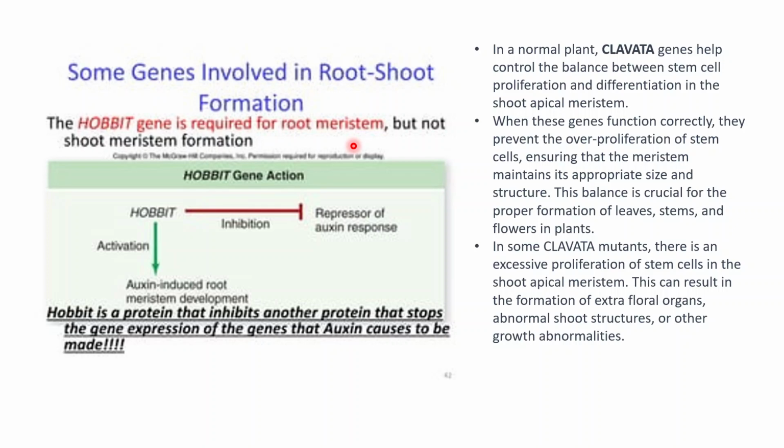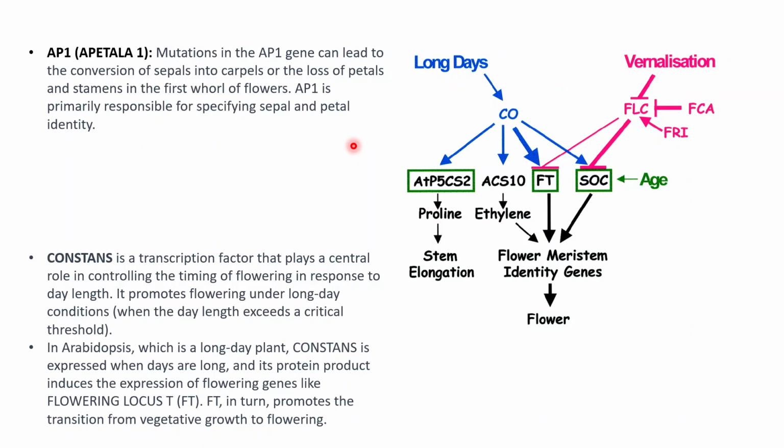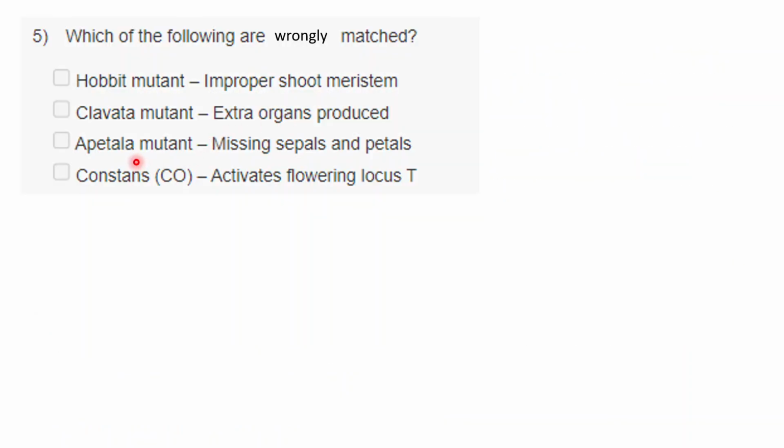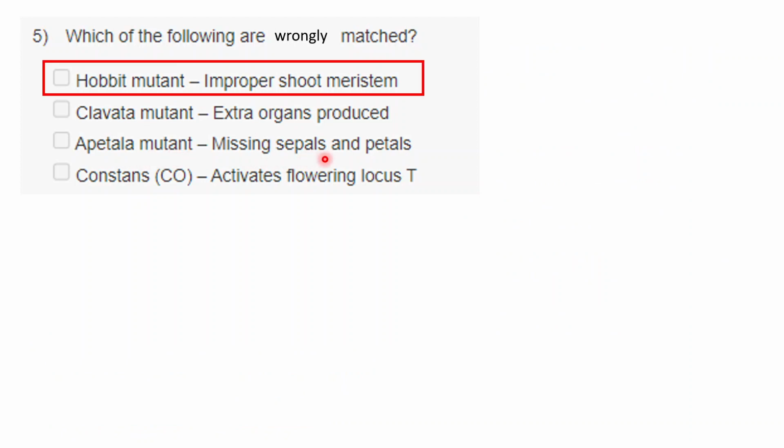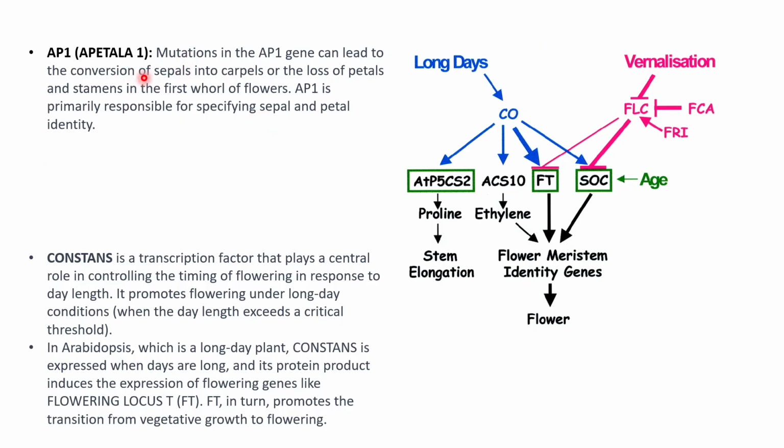Okay, let's move on with the session. As we were seeing, Apetala 1. If you remember, we had an Apetala mutant missing sepals and petals. Mutations in the AP1 gene can lead to conversion of sepals into carpels, and loss of petals and stamens in the first whorl of flowers. We will look at this in more detail when we encounter the ABC floral patterning.